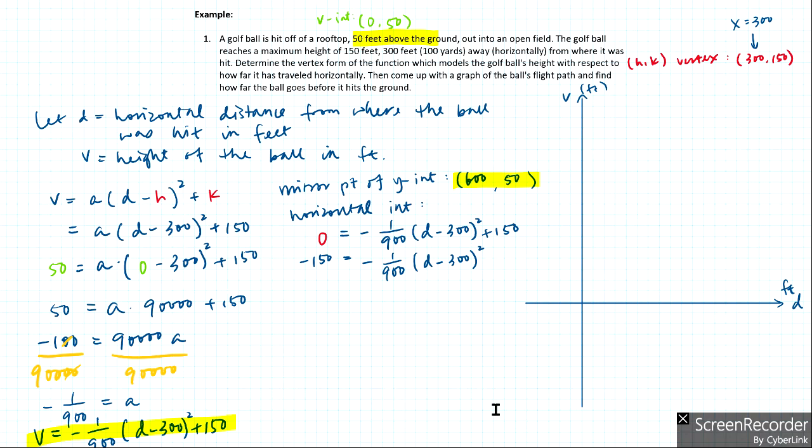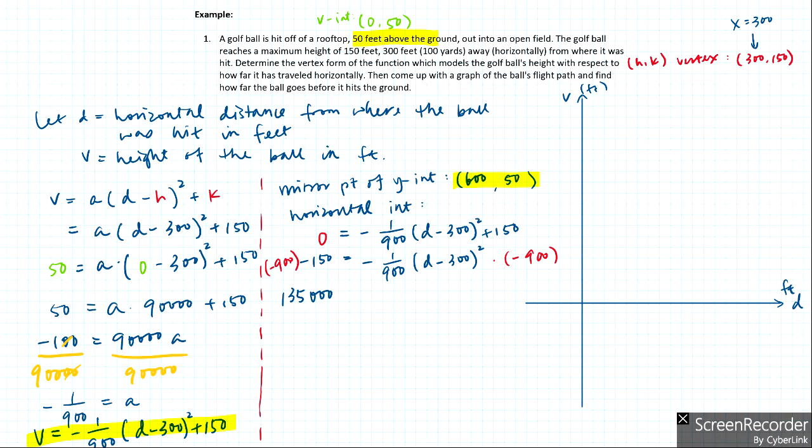Once we have this form, we can go ahead and multiply negative 900 on both sides. So if I multiply negative 900 on both sides, I can get rid of the fraction on the right hand side, and multiplying this negative 900 over here, I'm going to create a barrier between the information. And in this case, once we multiply this out, we should get 135 with 3 zeros, 135,000.